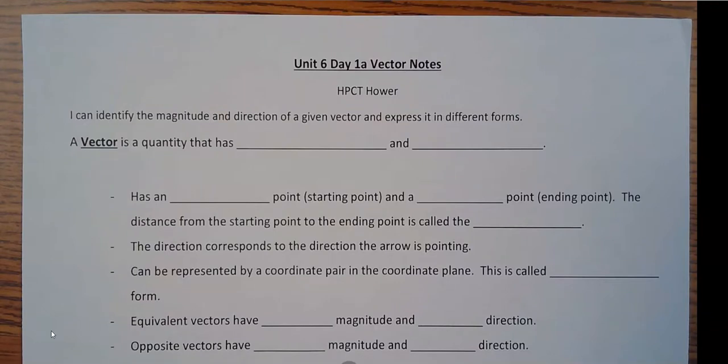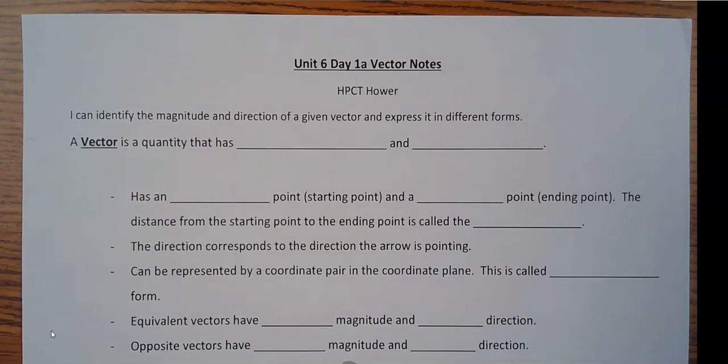So I can identify the magnitude and direction of a given vector and express it in different forms. That's my learning target for the day. First off, a vector sounds like a real crazy scientific word. It's really not. We basically use arrows to represent them on paper.